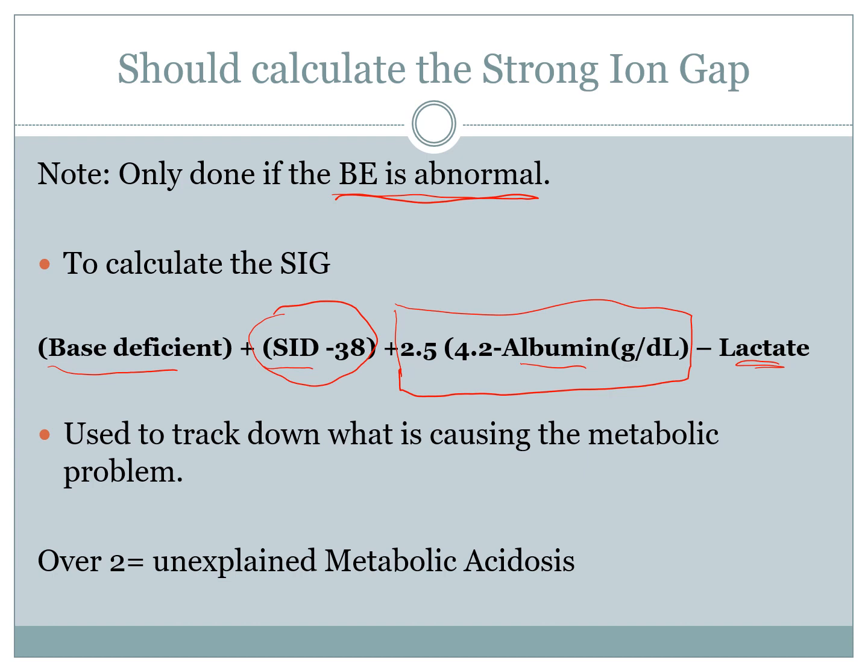So for every 1 gram per deciliter of albumin, it will have a 2.5 change within the base deficit, positive or negative. If you need to look it up, you'll realize that I did not make this equation up. Realize this is a set equation that is out there, made by incredibly intelligent people. I'm just parroting their work. So that's where it comes from.